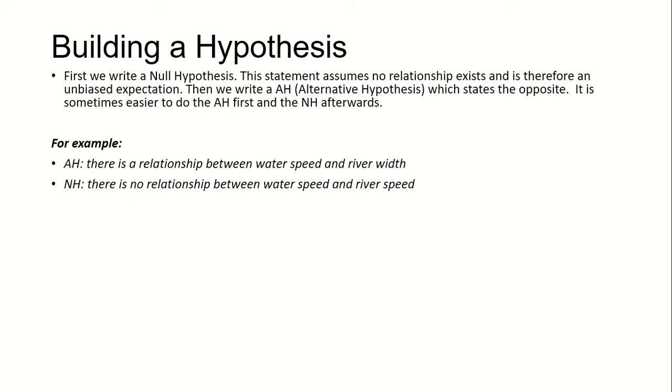What you are doing is showing that you have thought about your alternative hypothesis and you have considered the opposite kind of viewpoint of that hypothesis, and that you are allowing the data in an unbiased way to prove or disprove one of these two viewpoints.